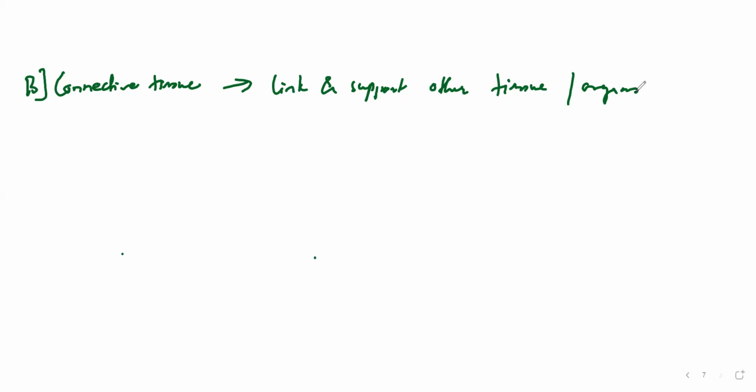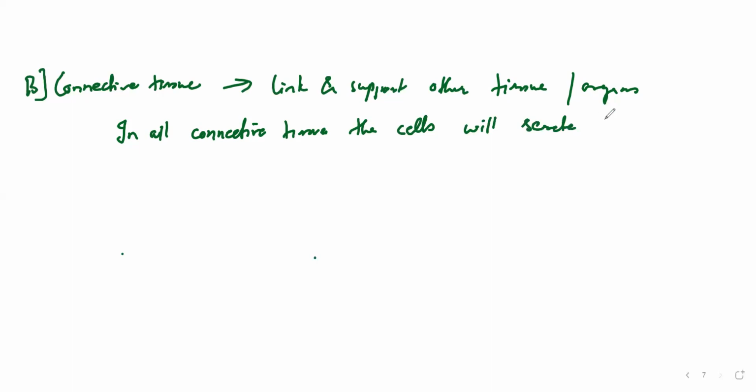So basically, in all connective tissue, the cells will secrete something which is called collagen or elastin.